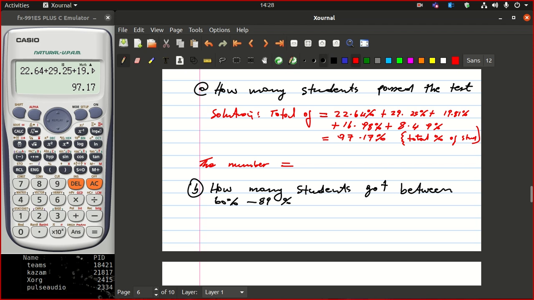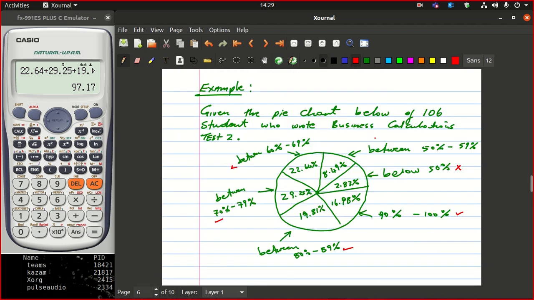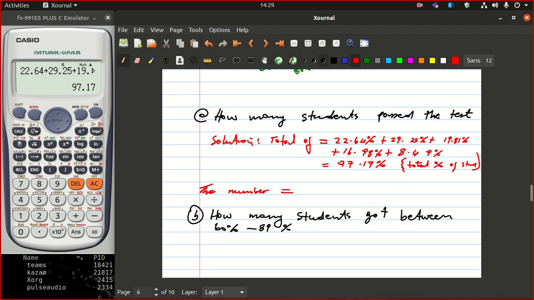So if the total number of students were 100, the number of students who are supposed to pass the test would be this 79.17. But we have a total of 106 students who actually wrote the test, not 100.